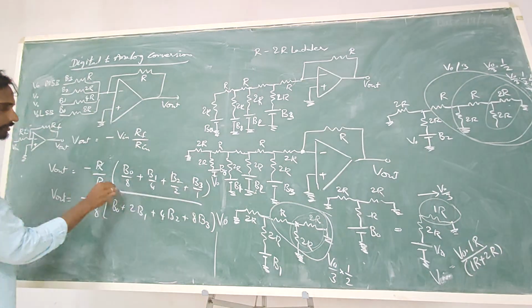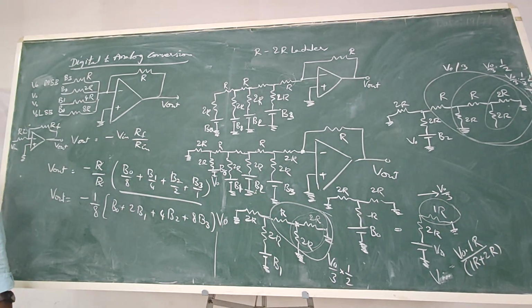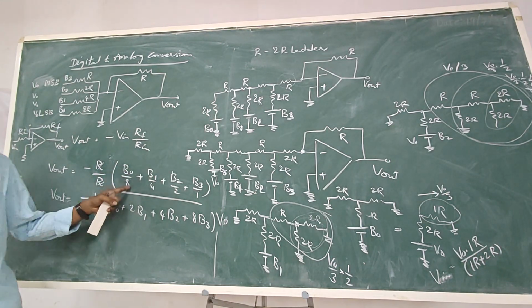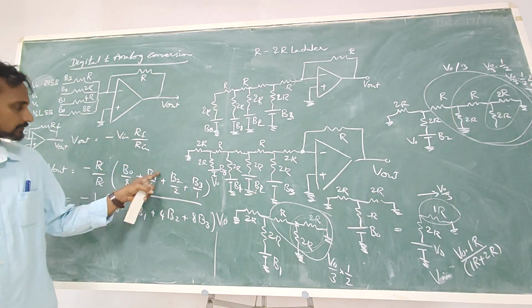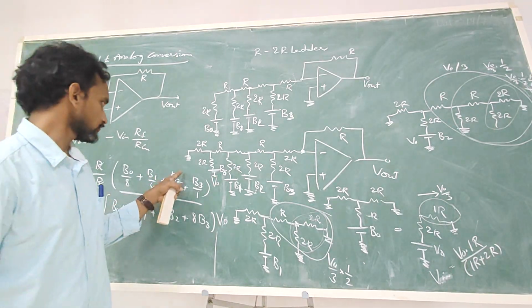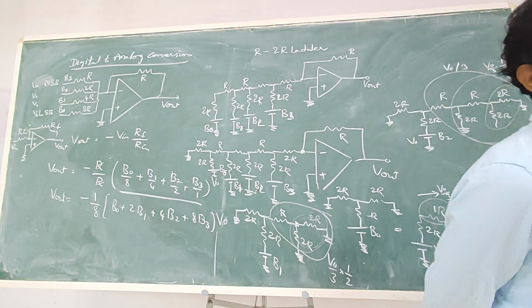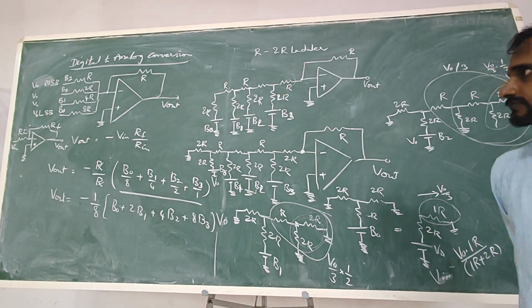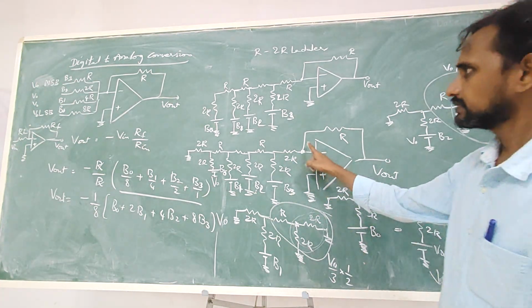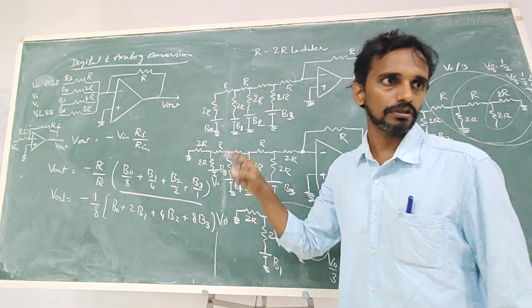That is what we got here. B0 with a weight factor of 1/8, B1 1/4 weight factor, B2 half weight factor, B3 1. So technically these two circuits are equivalent.